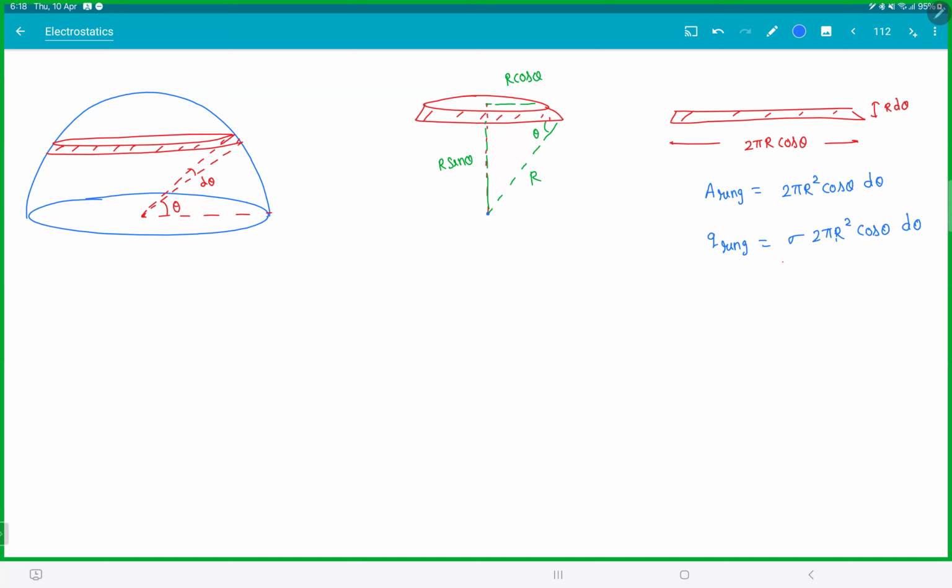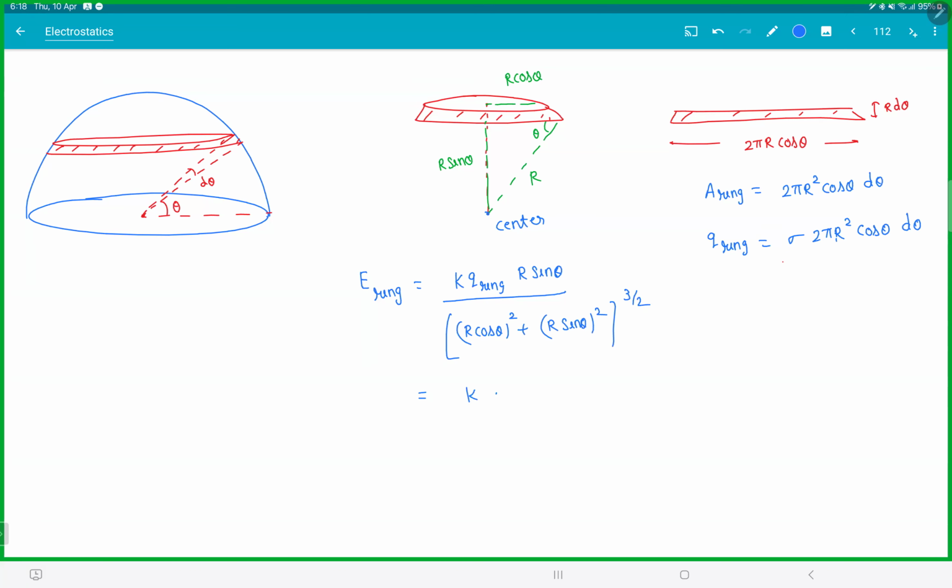There. So now this is the center. We are going to use the field on the axial line. So what is the formula for the field? The field due to the ring will be k, charge of the ring, z which is r sin theta, by the distance square, r cos theta square plus r sin theta square, whole to the power 3/2. The denominator actually becomes r square, isn't it?